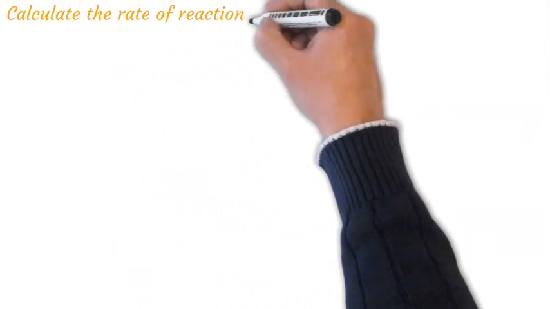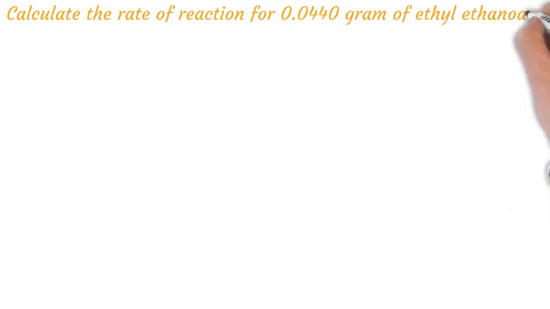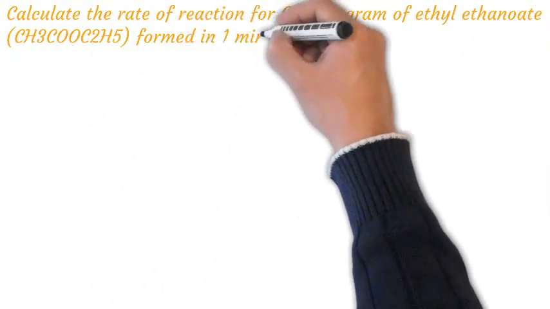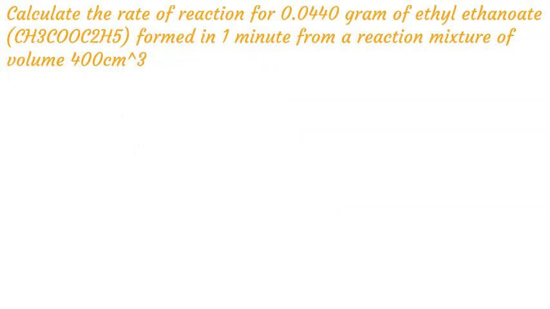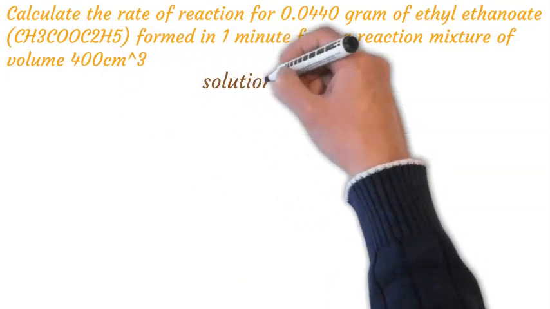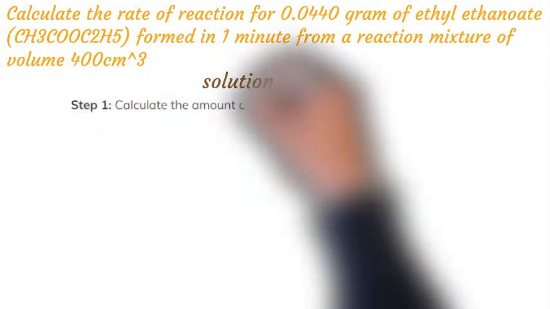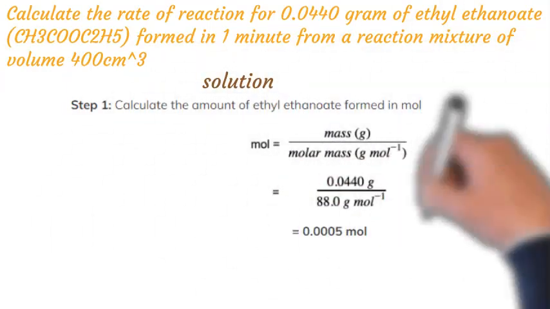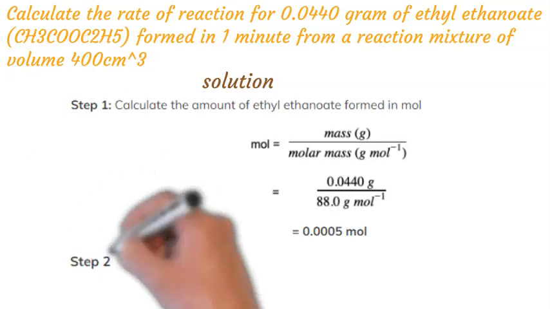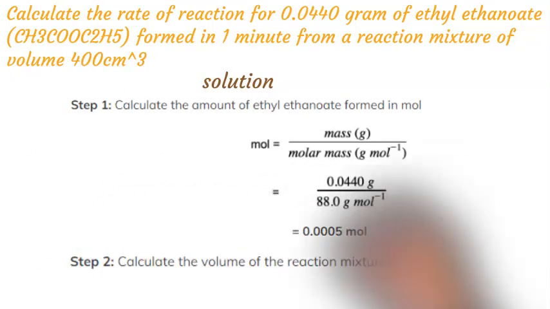Step 3. Calculate the concentration change of product formed. Step 4. Calculate the time in seconds. Step 5. Use the equation to calculate the rate.